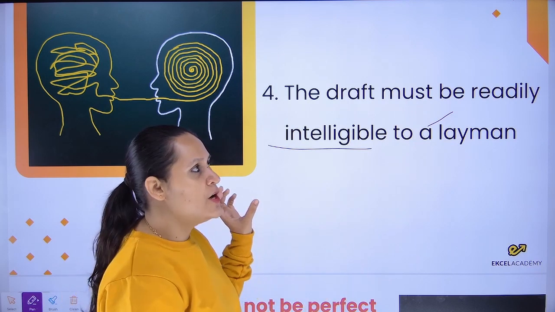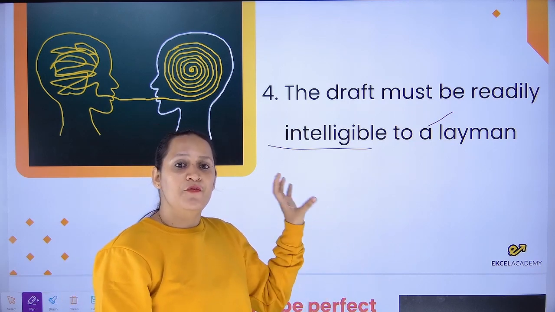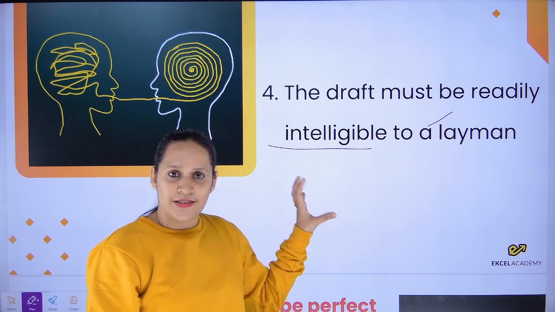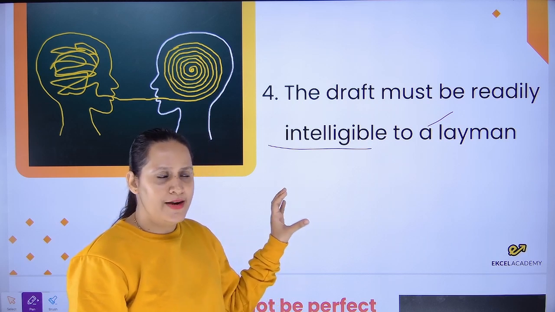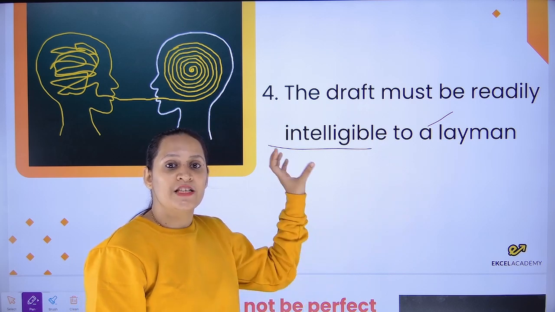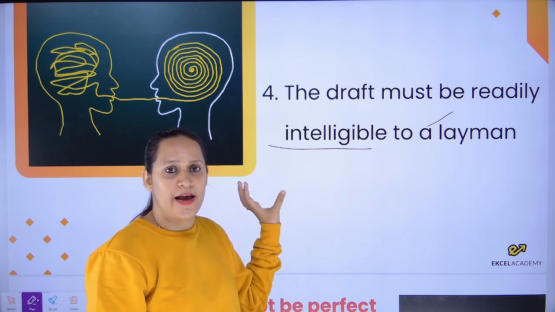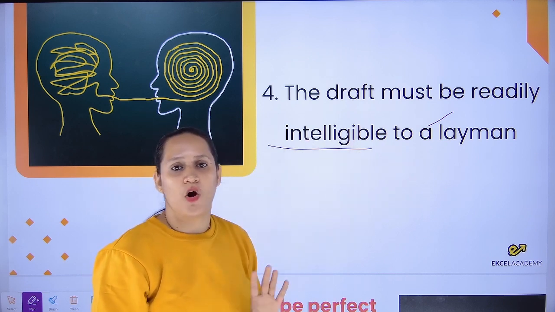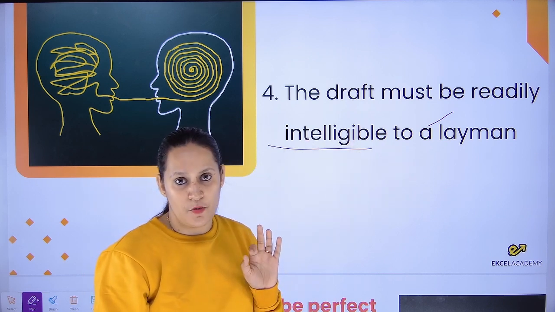In the previous point, we laid down the foundation that if the expert understands the content with clarity, there are chances that a layman will also understand it. If the expert himself is confused with what is there in the document, definitely the layman will not be in a position to understand it.